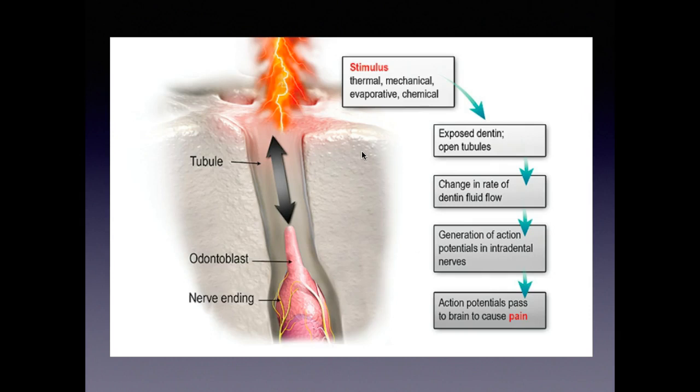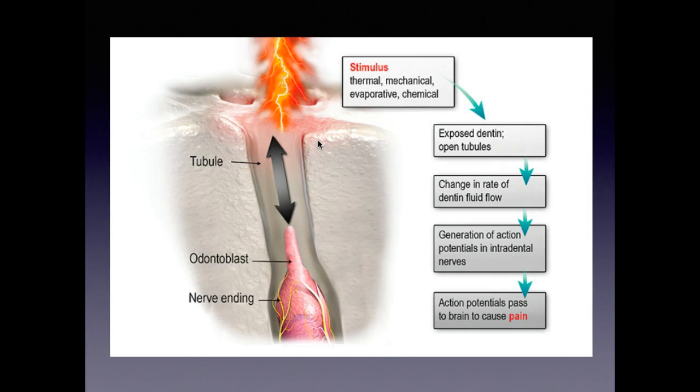So this is basically what the hydrodynamic theory looks like. The open tubule leads to these little pores, and it causes a fluid flow in here, causing the odontoblastic process to shrink, affecting that cell body and the nerve endings situated in the pulp, causing a reaction that is then sent to the brain.